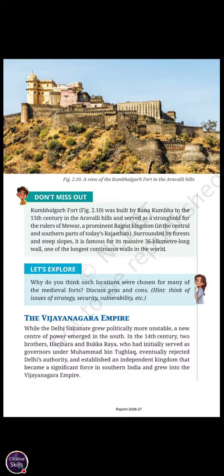Why do you think such locations, means the upper fort in the Aravali hills, the Kumbhalgarh fort, where the walls are very wide and the building structure is very proper, were chosen for many of the medieval forts?